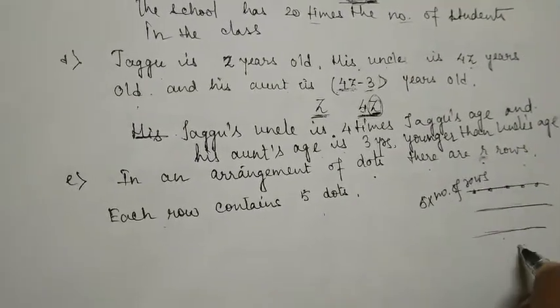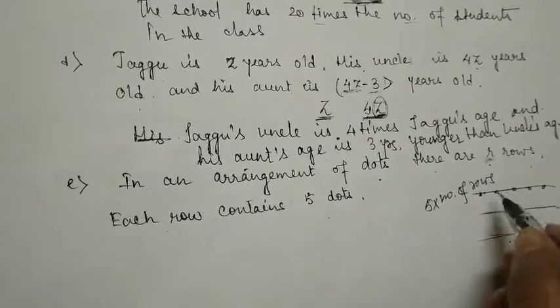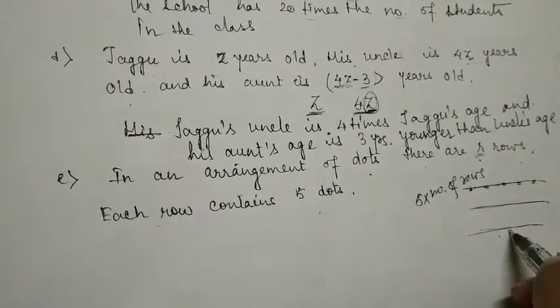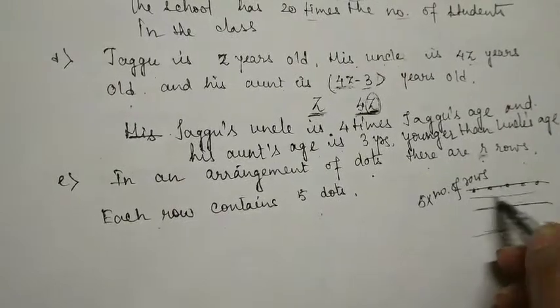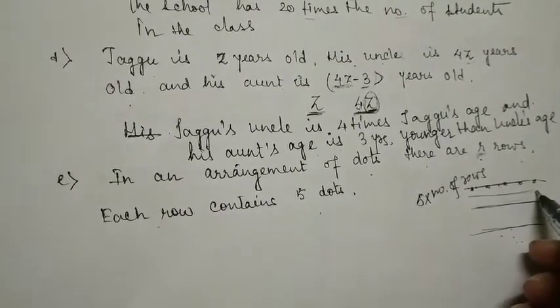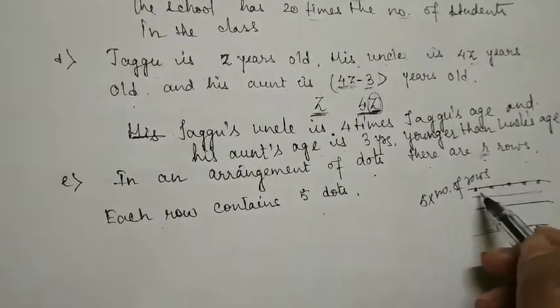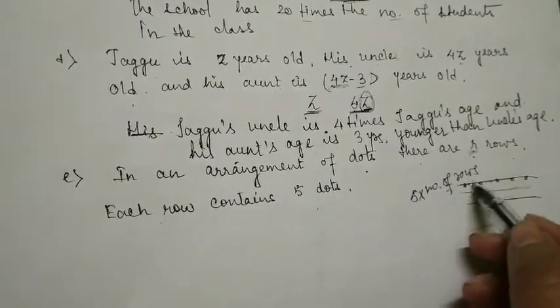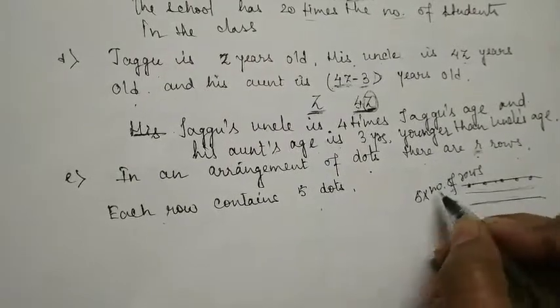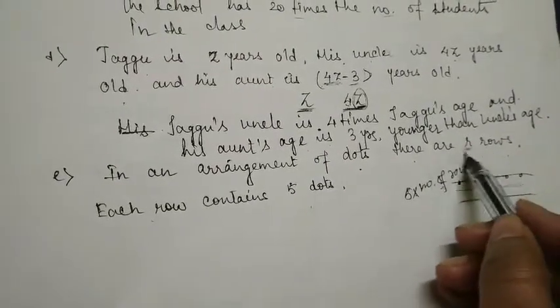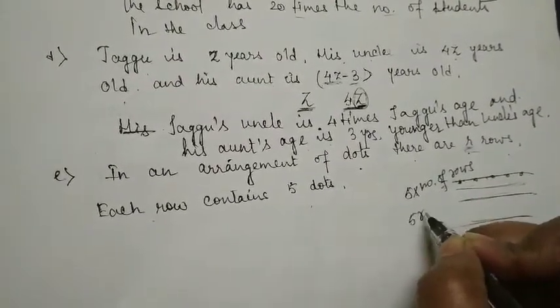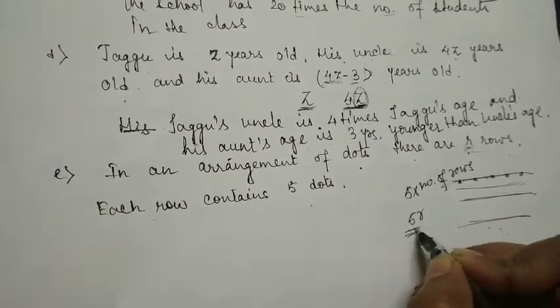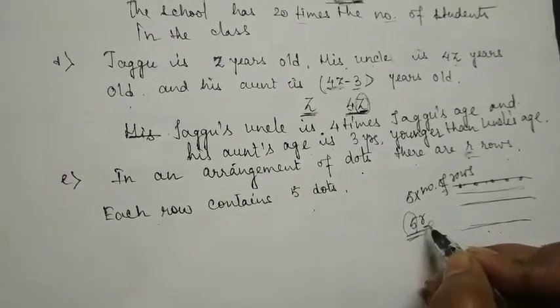To get the total number of dots, suppose there are 3 rows, and in one row 5 dots are there, then 5 3s are 15 dots. So since in one row 5 dots are there, 5 into the number of rows gives the total number of dots. So 5r means 5 times the number of rows.